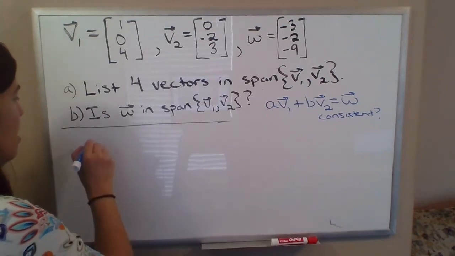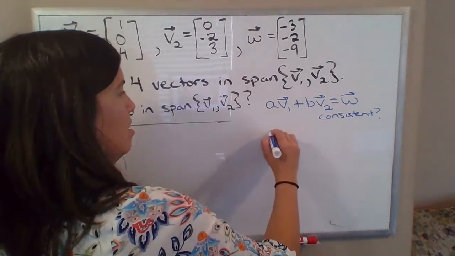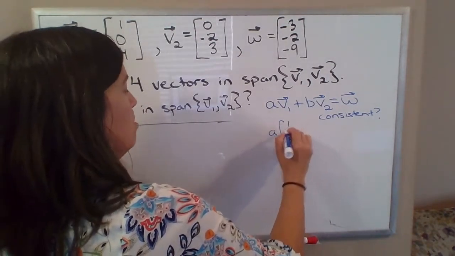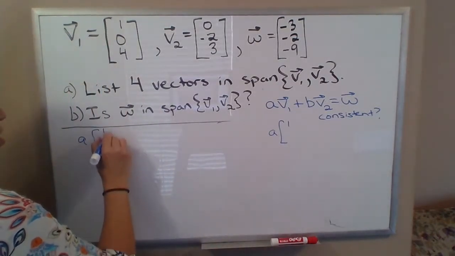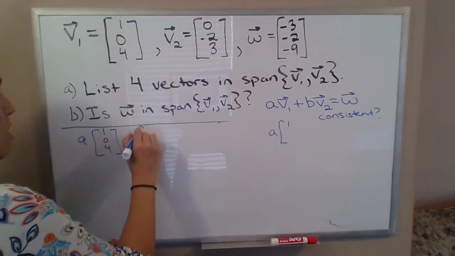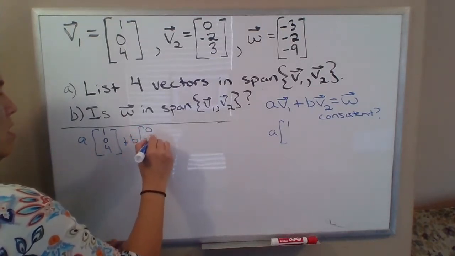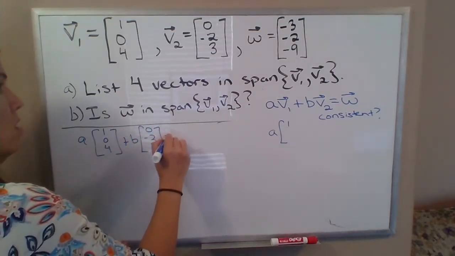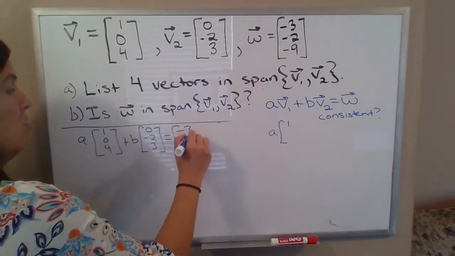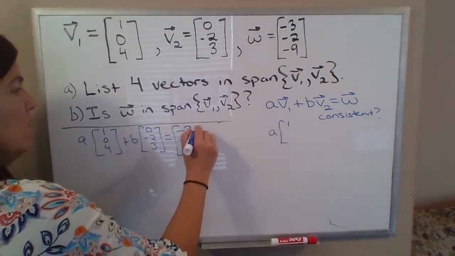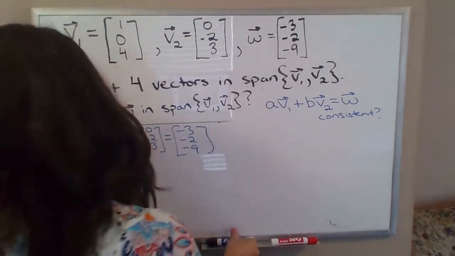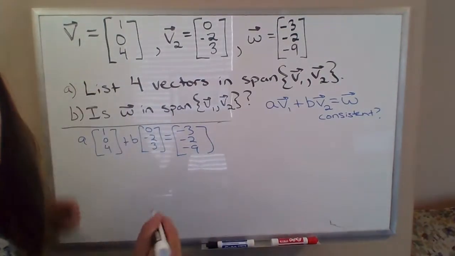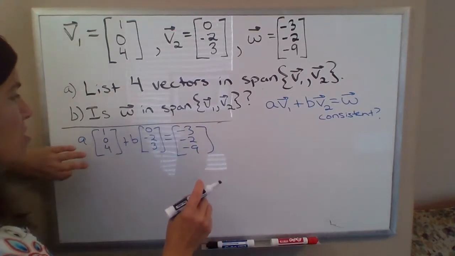So let's see. We have a times vector 1, which is 1, 0, 4, plus b times vector 2, which is 0, negative 2, 3, equal to w, which is negative 3, negative 2, negative 9. Suppose I put that in the form of an augmented matrix.